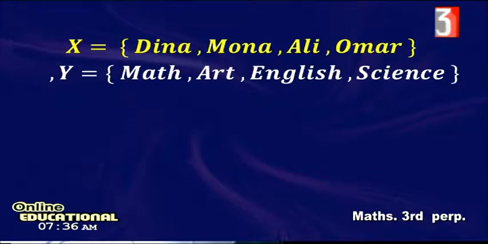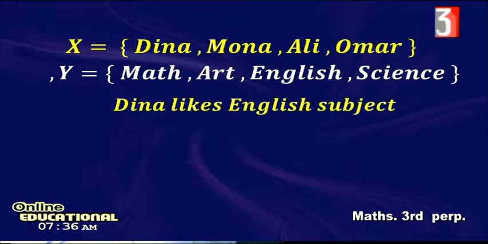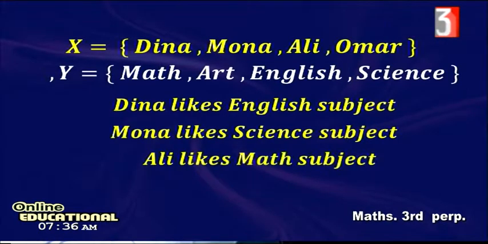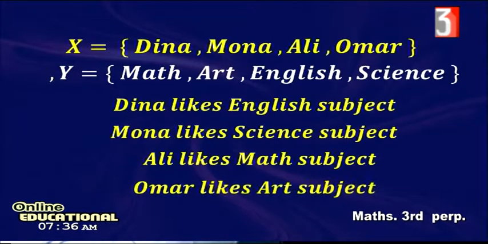And I'm going to say that Dina likes the English subject. Mona likes the science subject. Ali likes the math subject. And finally, Omar likes art subject. And I want you to write a relation concerning X and Y.